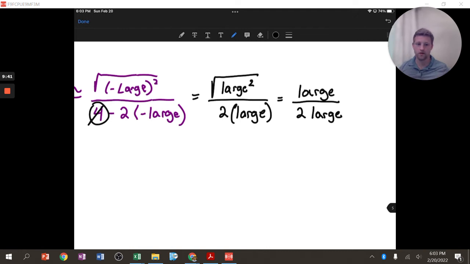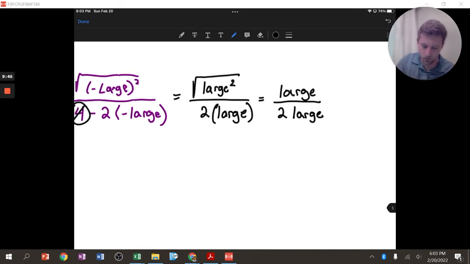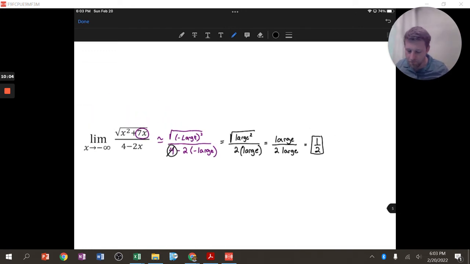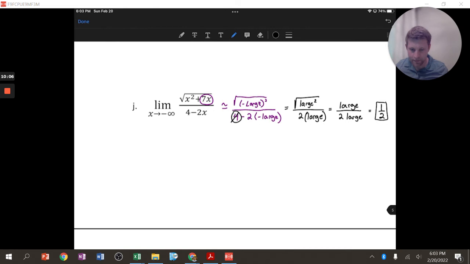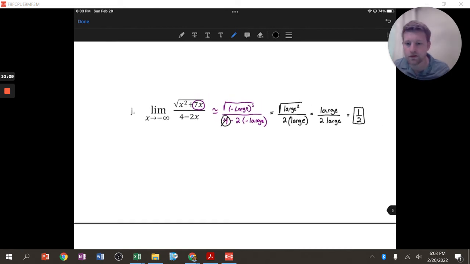So when we consider large over 2 times large, this really just breaks down the ratio to 1/2. That denominator is going to be 2 times as large as our numerator, as this large value gets bigger and bigger and bigger. So this ends up being a 1/2 result.